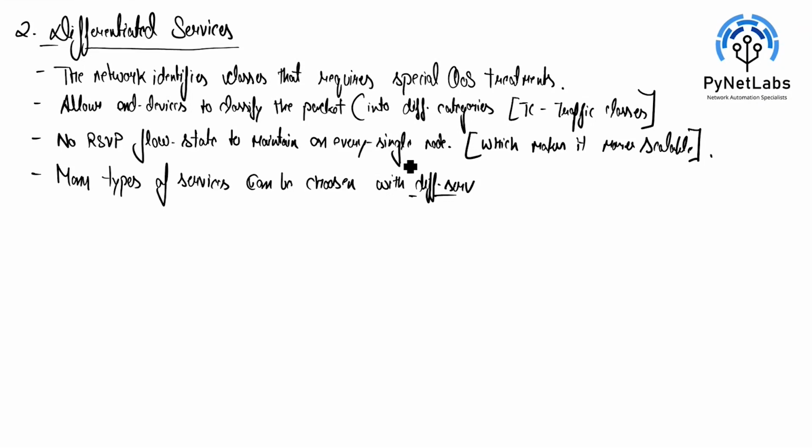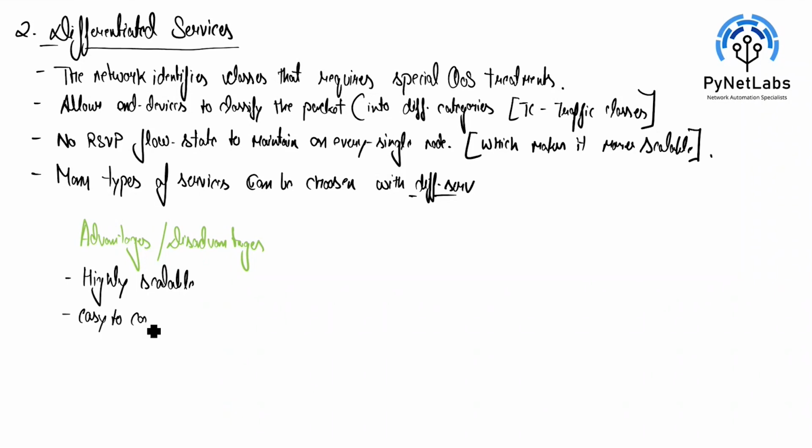Here we also have some advantages and disadvantages of differentiated services. The first advantage is that it's highly scalable and can be used for very large enterprise networks. It's a highly scalable QoS mechanism, and it's very easy to configure.